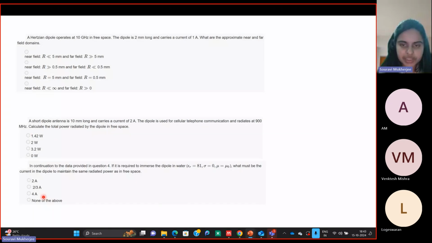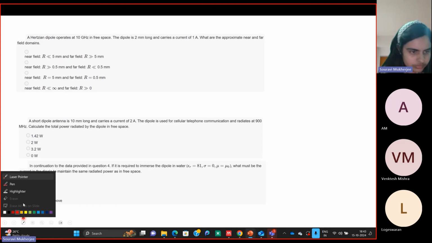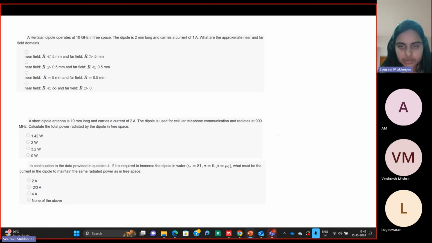For any medium, V is equal to nu into lambda. If it is in free space, it would be given as C. For some other medium, it would be the velocity in that medium. Nu is the frequency and lambda is the wavelength.